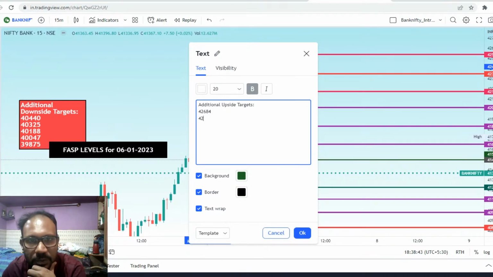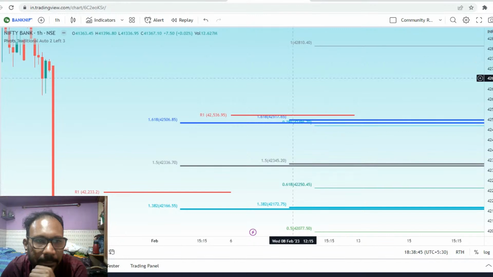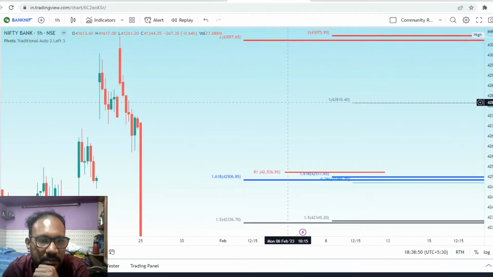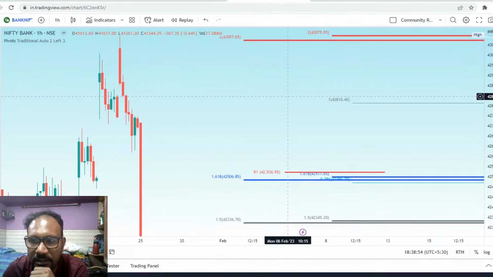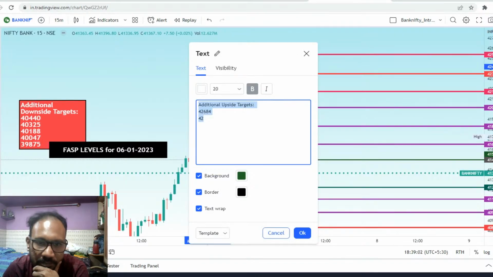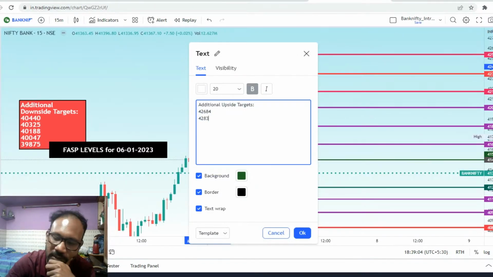What else? Yeah, there is a nice one-point level here. This looks perfect to me. 42,838. This looks pretty good to me.